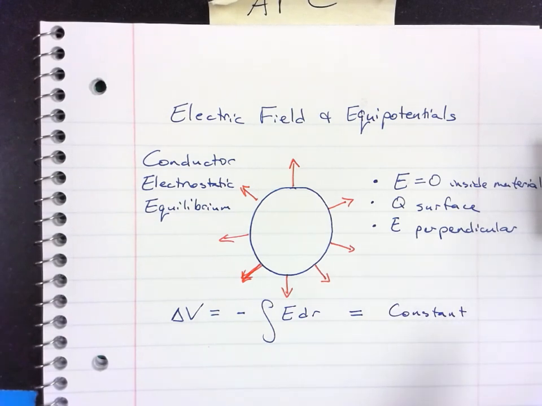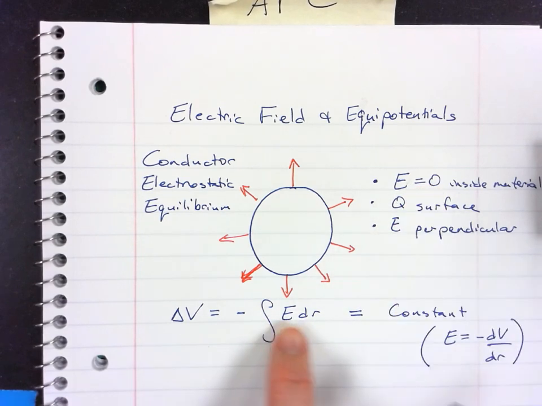So you can make up a number here. Let's say it's 3, maybe 5, 12. Because whatever this constant is, when you take the derivative of it, to go back to E is negative derivative of potential, if you take the derivative of 12, it's 0. Derivative of 50 is 0. So the integral of 0 is a constant.